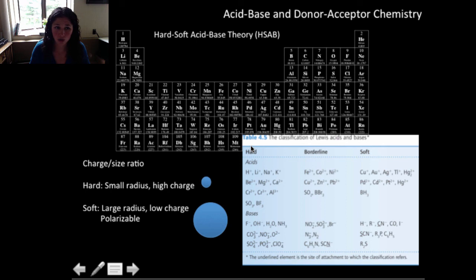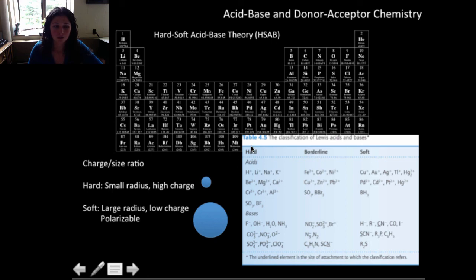They have very dense charge, and these things are defined as hard. I think of these as little baseballs, very hard and compact, compared to things that are soft, which are very large and have lower charge, so they have a lower charge to size ratio. And these things are kind of like, in my mind, squishy cake balls that are very polarizable.